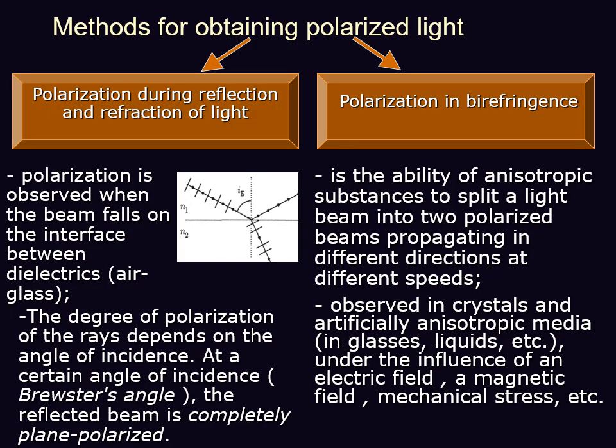There are several ways to obtain polarized light. These are polarization upon reflection and refraction of light, and polarization upon double refraction. Natural light, that is, light from a flashlight or a light bulb, focused and directed, can be polarized when the beam is directed at the interface of two dielectrics, that is, media that do not conduct an electric current.